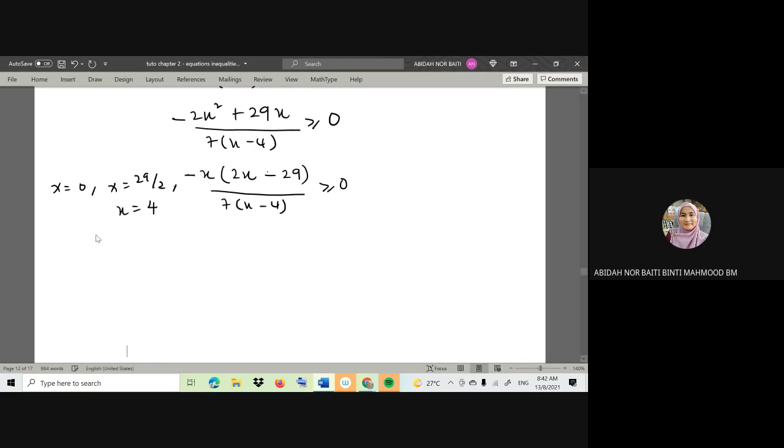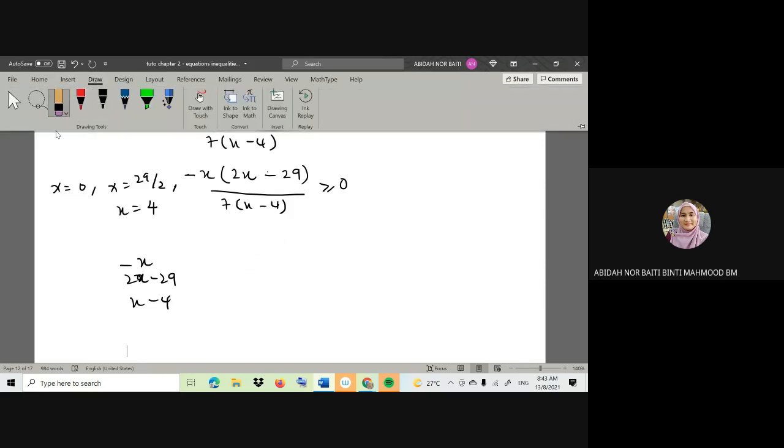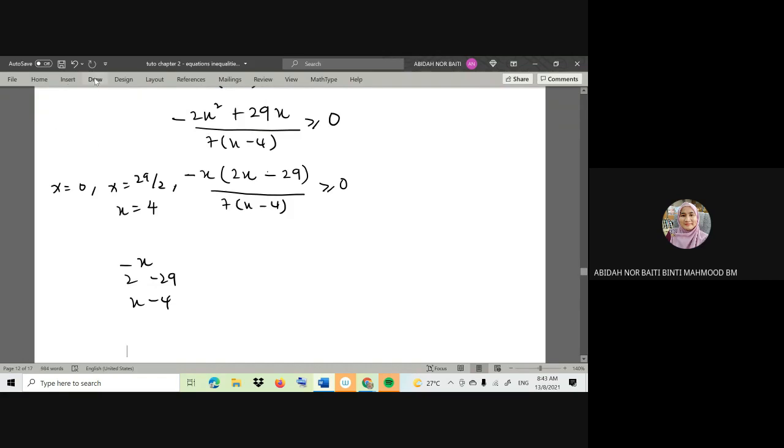Here we have 3 linear factors: 2x minus 29, x minus 4. The 7 is just a constant, you can write it or not. We start from negative infinity, and put all the values of x that you have: 0, 4, 29 over 2, infinity.